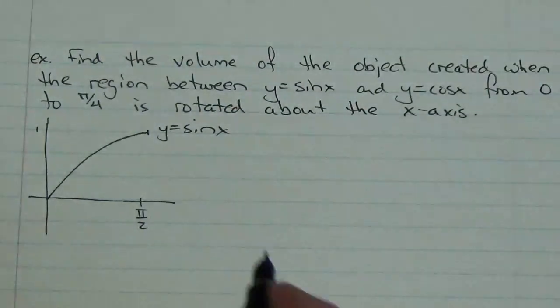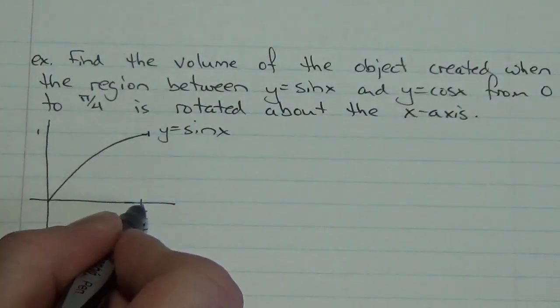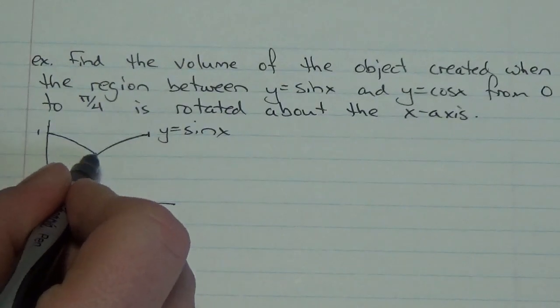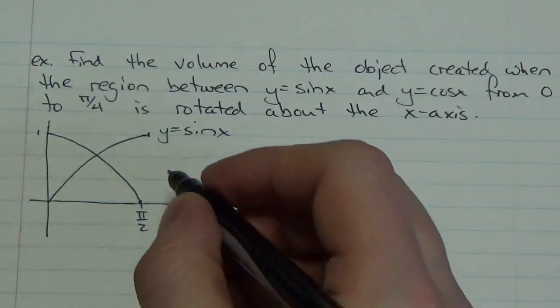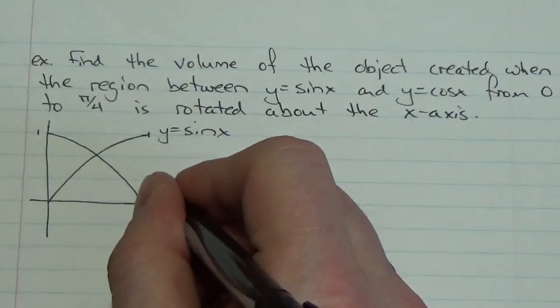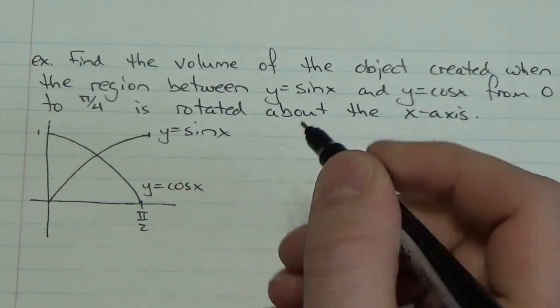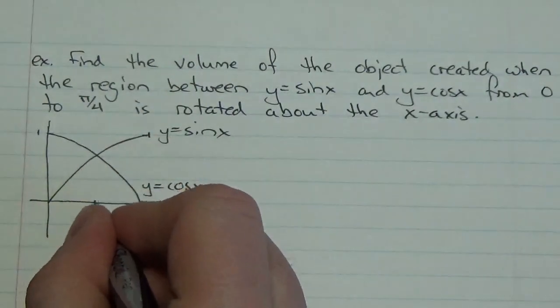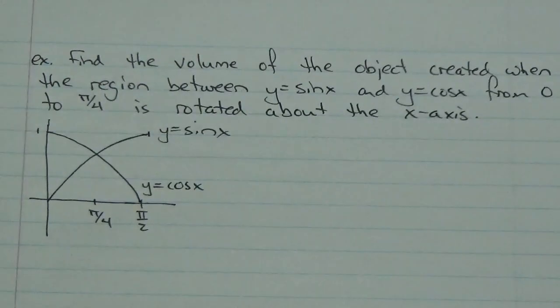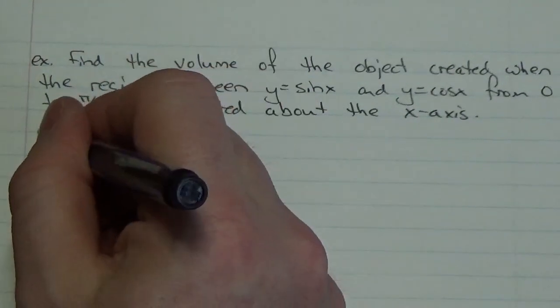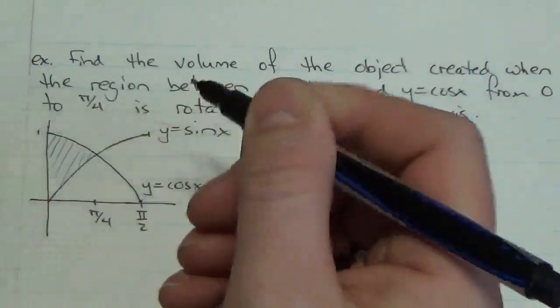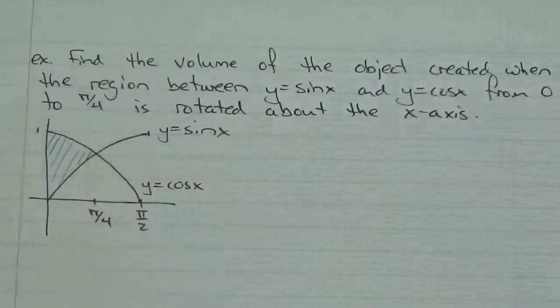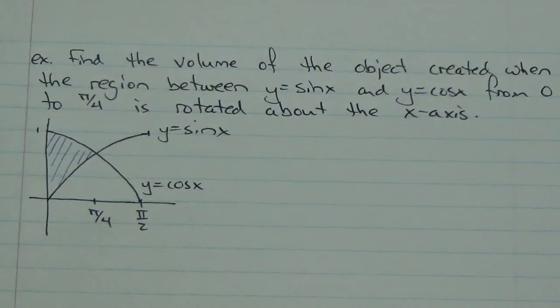Cosine of x starts at 1 and drops down to pi over 2. Okay, and so here's y equals the cosine of x. Now, they intersect at pi over 4. So what we're going to do is take this region right here and rotate it around the x-axis.